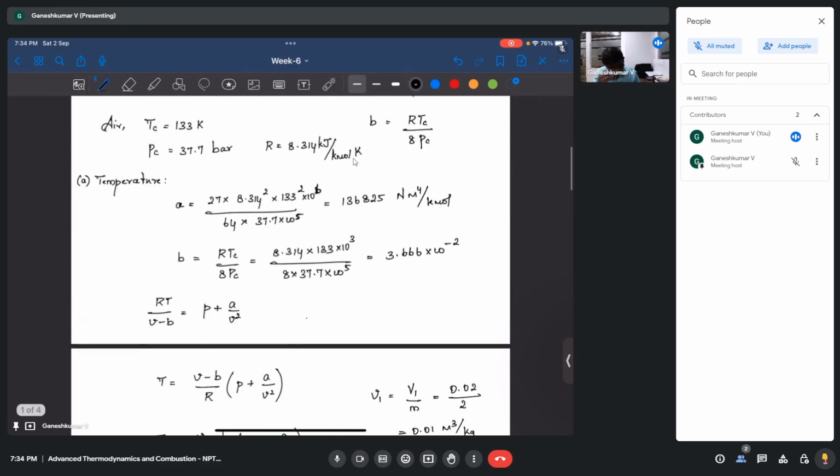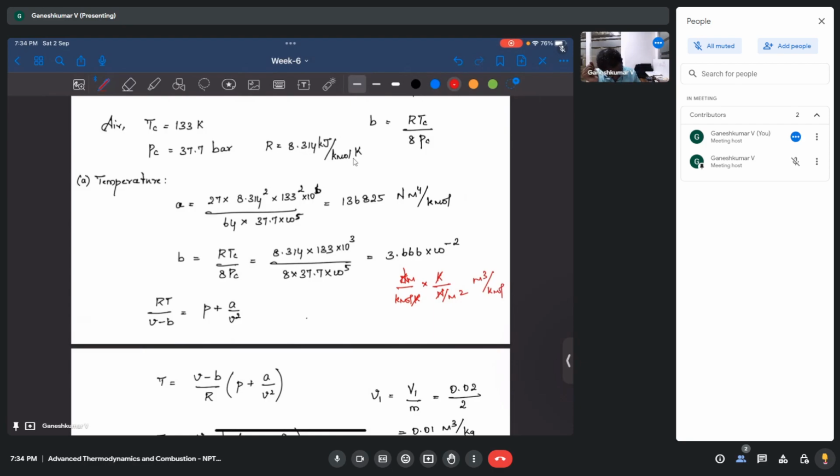And similarly here, it's going to be joules per kilomole Kelvin times K divided by Newton per meter square. Joule is nothing but Newton meter. Then Newton gets cancelled, so it's going to be meter cube per kilomole.